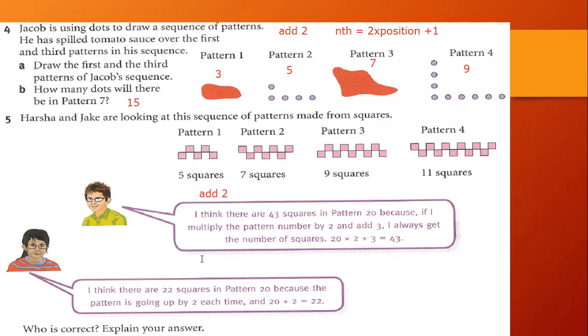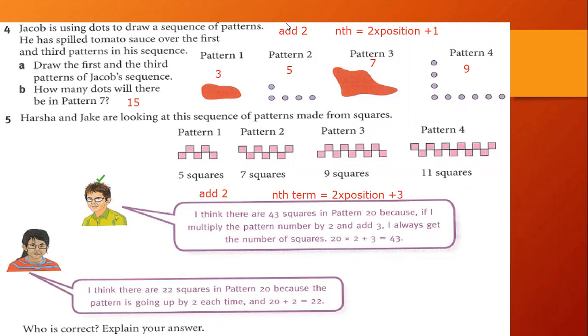Now we find the position-to-term rule for the nth term, that is equal to 2 multiplied by position. 2 multiplied by 1 is 2, plus how many do we have to add to make it 5? 3. So for 20, 20 multiplied by 2, 40, 40 plus 3, 43. So who is right? Jack is right. So you just write here, Jack is correct.